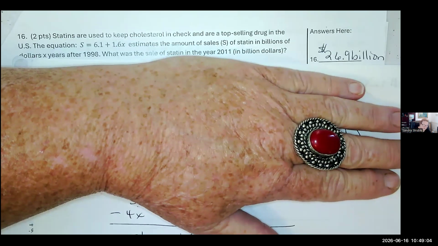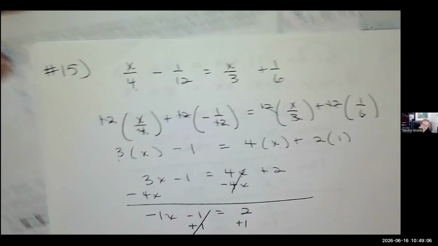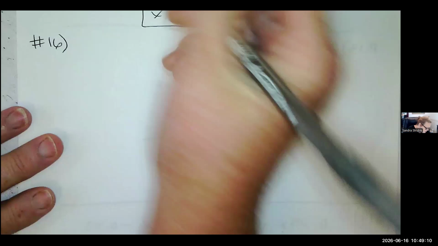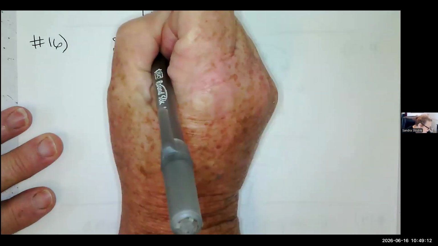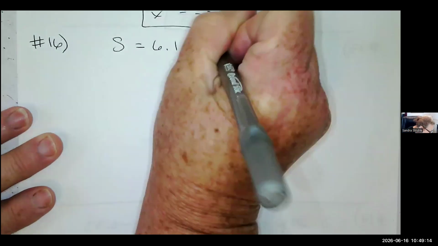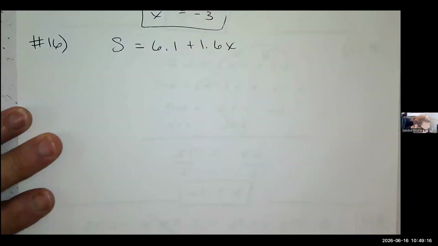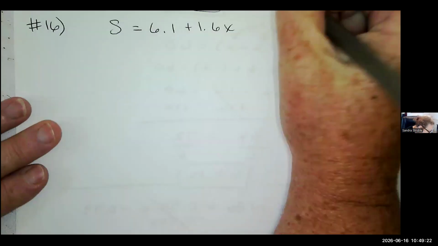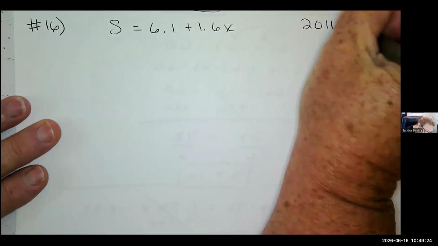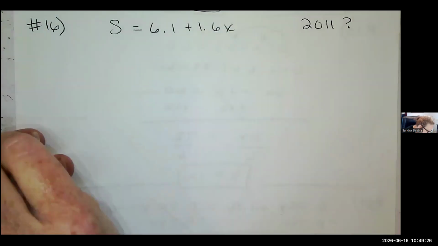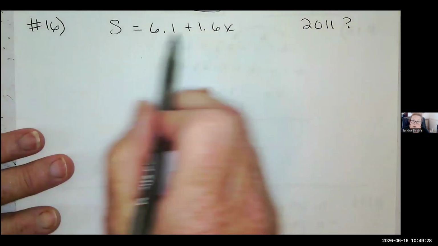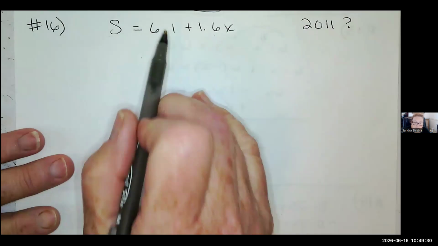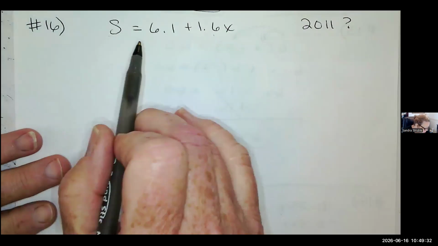I'm going to write down the equation, which is S equals 6.1 plus 1.6x. And it says that we want to know what the sale of statins are in the year 2011. This is an estimation.